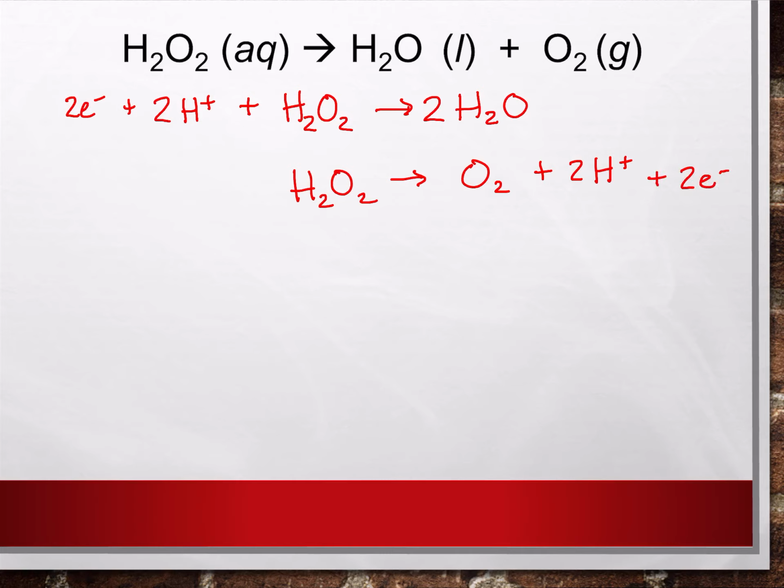And then normally we would go through and multiply both reactions by something so that the electrons would cancel out. But the electrons are already balanced, so we don't need to do that. So we can just add them straight down. So our 2 electrons are going to cancel. Those are gone. And if you look at this, actually our hydrogens also cancel.